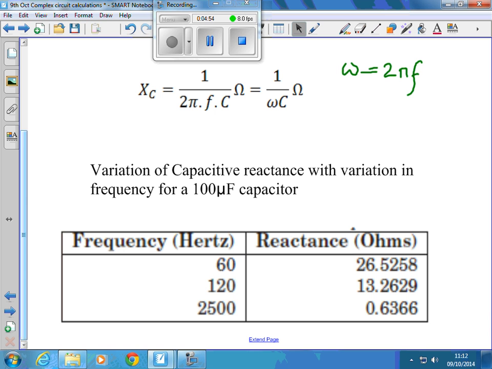So for a 100 microfarad capacitor, that's how the reactance changes with frequency. At 60 hertz, 26.5 ohms; 120 hertz, 13.3 ohms; 2500 hertz, we're down to less than an ohm.